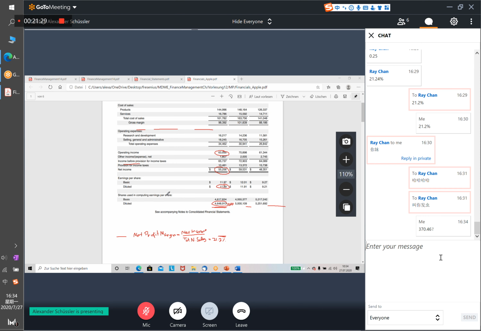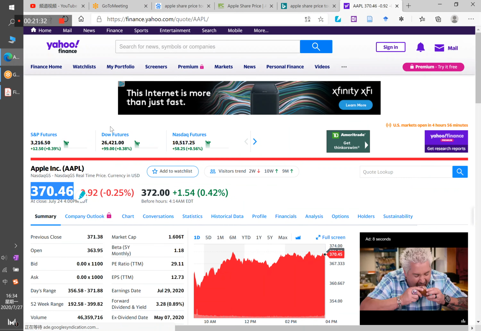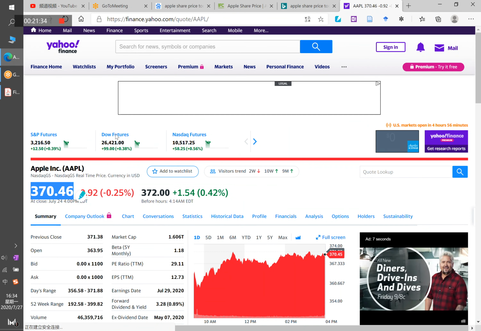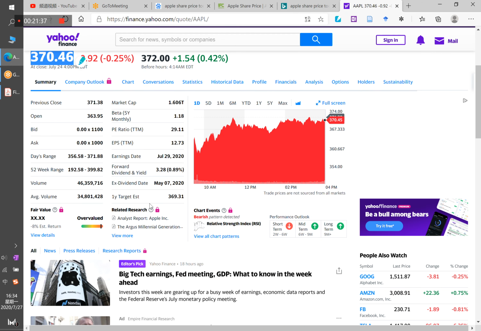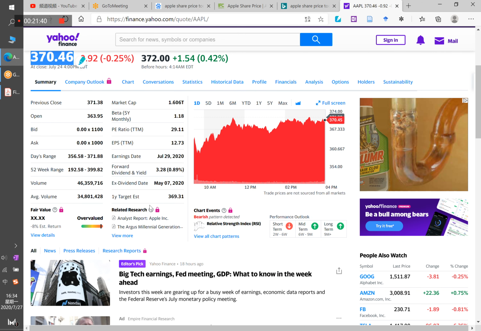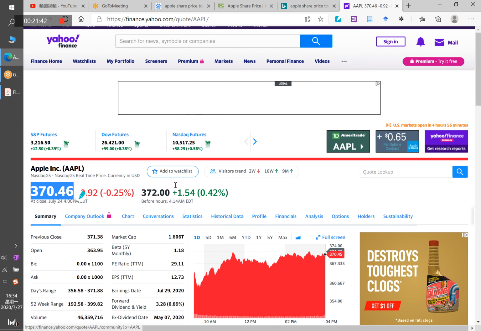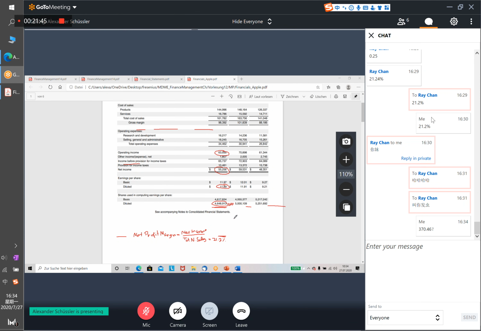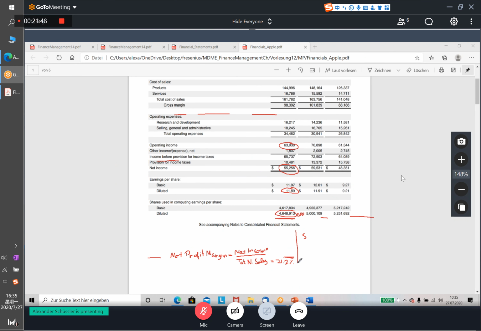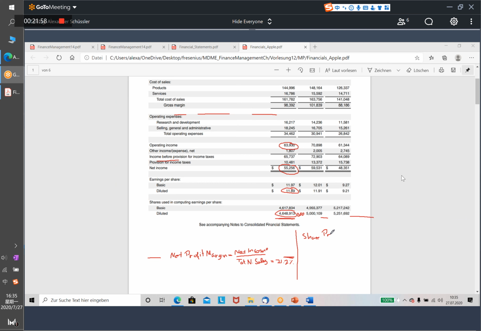Did you find the Apple share price? Exactly, Liang says it's about 370. Very good. So the share price of Apple is 370 US dollars.